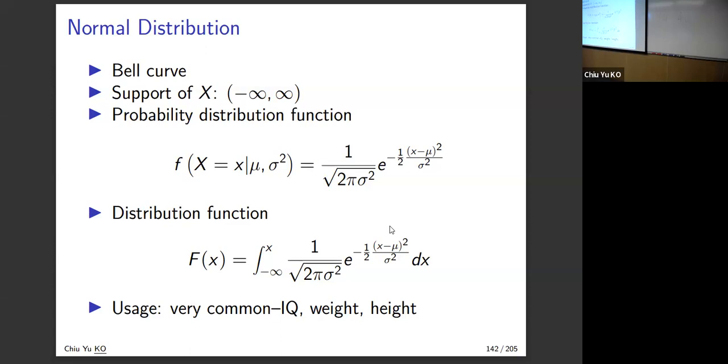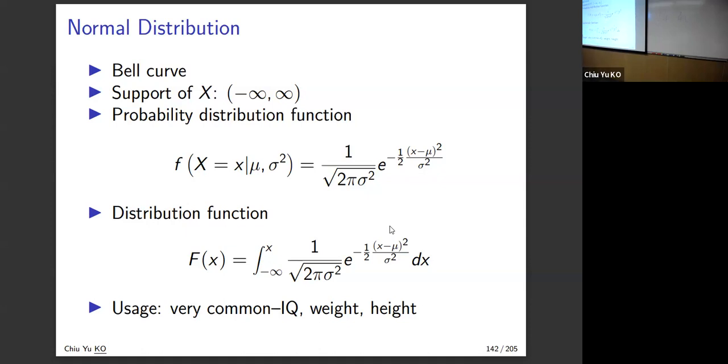So the shape of the bell is very elegant, but the math is maybe not so elegant. Look like this guy. I still put it here because this is so common, we have to know what it looks like. Although we don't need to recognize it, we should have some idea what it looks like.